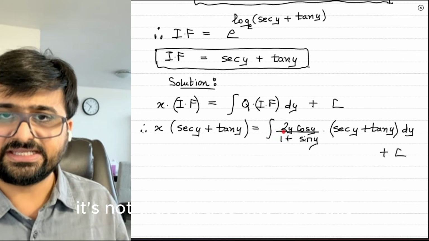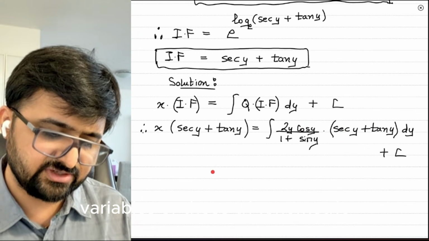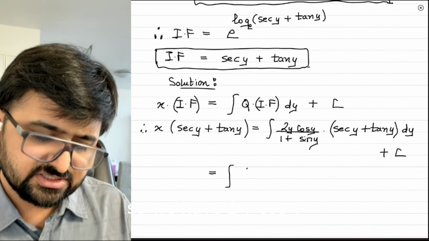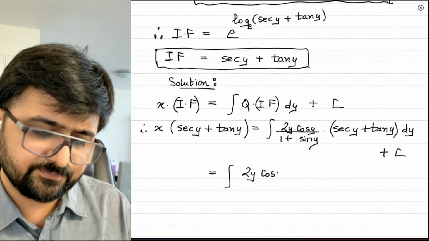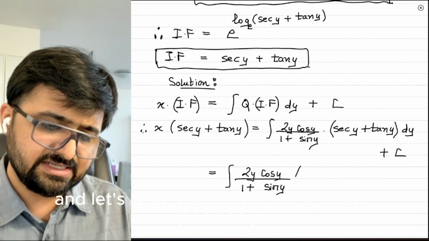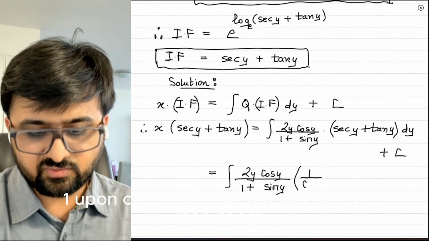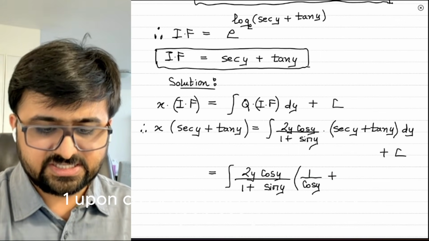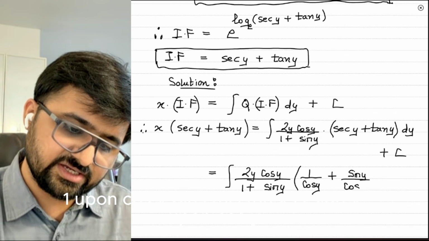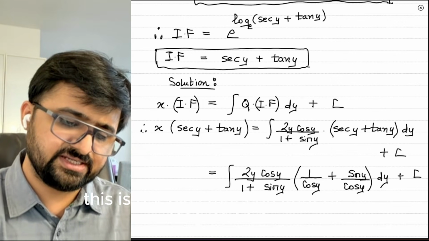It's not that hard to integrate this. We just have to convert those trigonometric functions into sine and cos. So we have 2y cos y divided by 1 plus sine y, and sec y is 1 upon cos y, plus tan y is sine y upon cos y, dy, plus c.